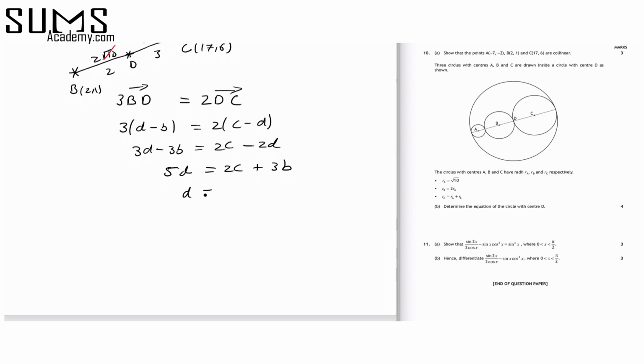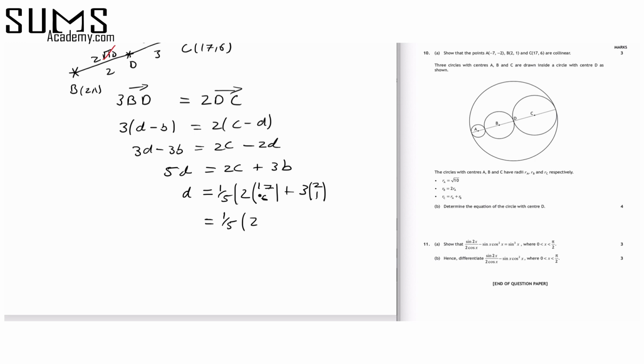So D is equal to 1/5 of 2 times our value of C, which is 17 and 6, plus 3 times our value of B, which is 2 and 1 there. Okay, so what does this equal? 1/5.